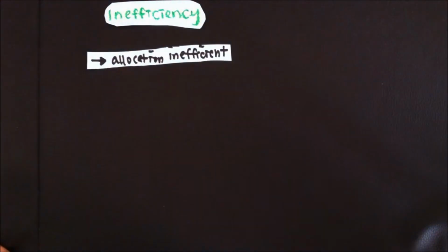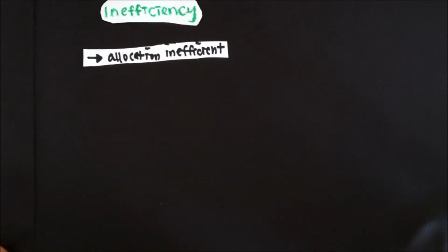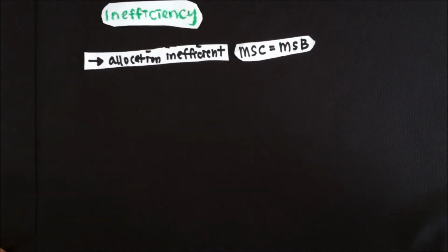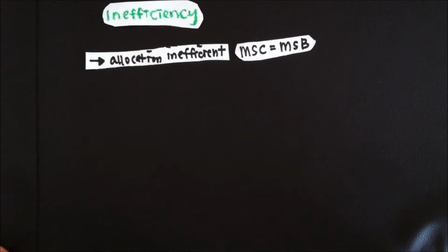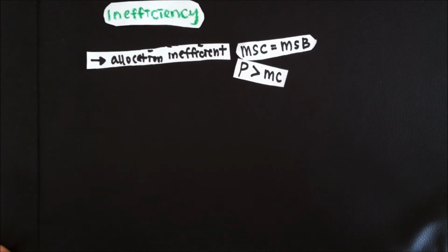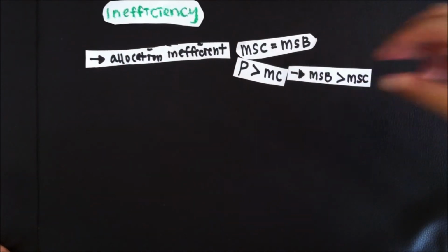There are inefficiencies that will be incurred in the monopolistic competition market structure. First, allocative efficiency is achieved when marginal social cost equals marginal social benefit. However, price in a monopolistic competition market is above marginal cost, which means marginal social benefit is greater than marginal social cost.